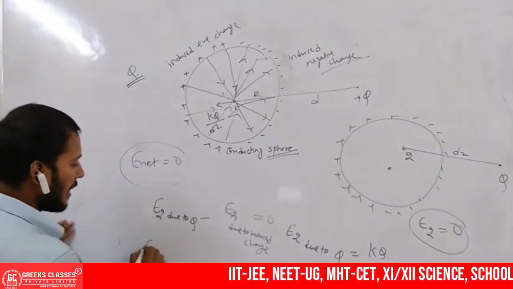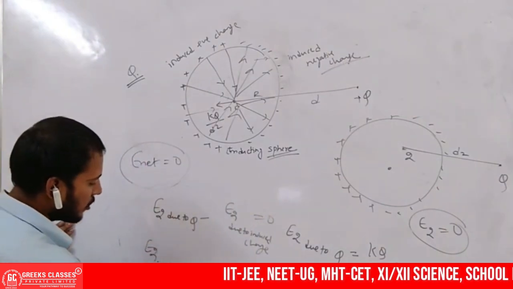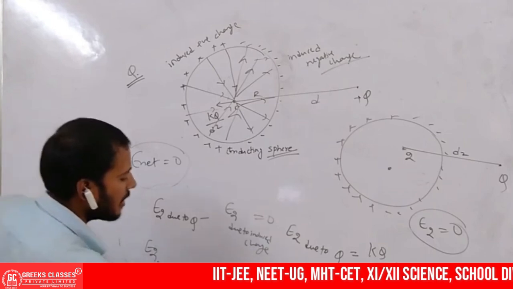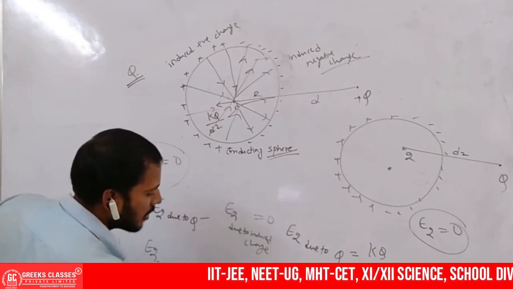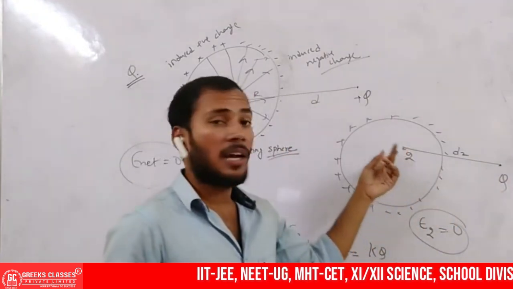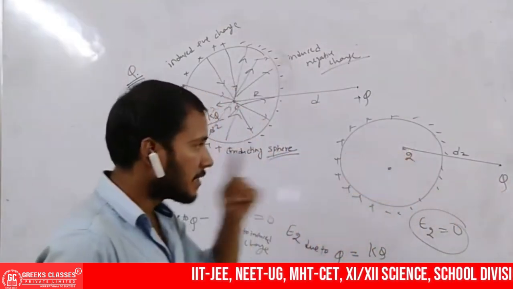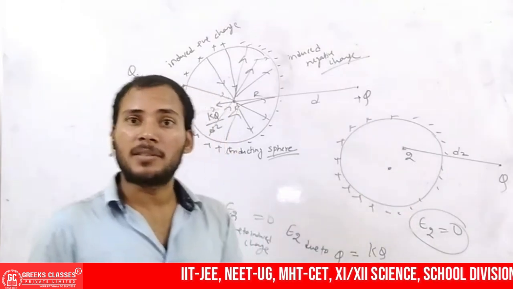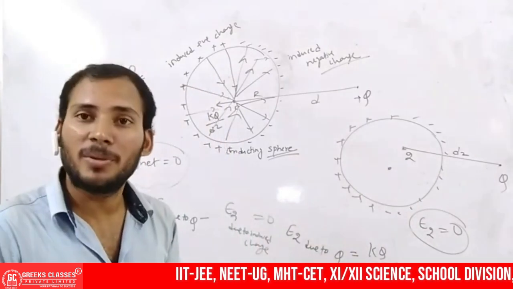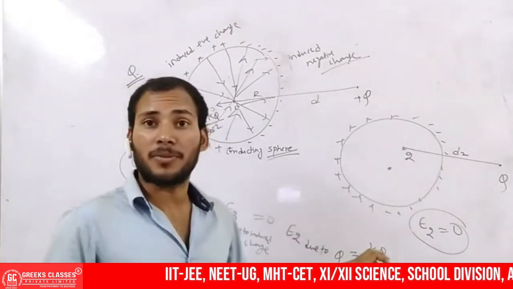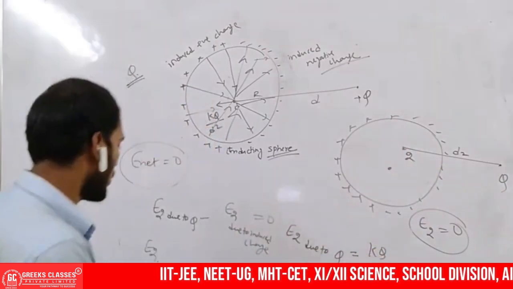That means E2 due to induced charge will have the same value as E2 due to q. Whatever amount of electric field q has produced at point 2, the same amount of electric field the induced charge will produce at point 2, but the direction will be opposite so that it can counter the electric field of q and make the net electric field 0.